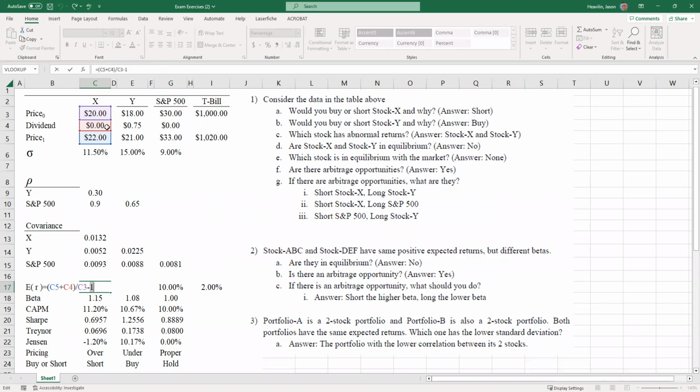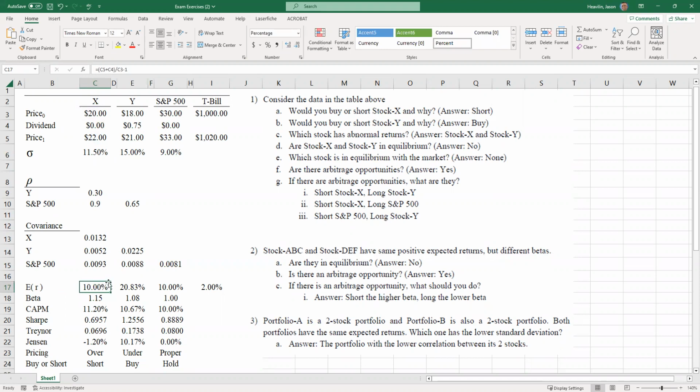You have to include dividends in case they do pay dividends in the future, like asset Y. So what we're doing is the selling price, the new price, plus dividends divided by the old price minus 1. That's the same as the other version, new minus old divided by old.